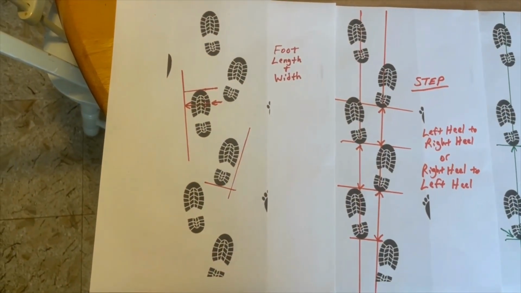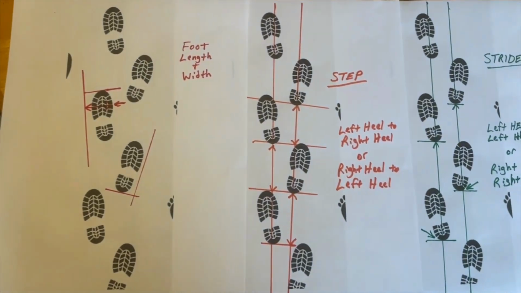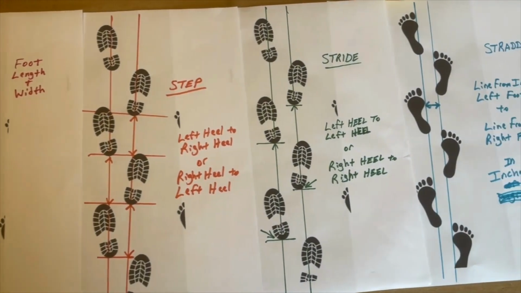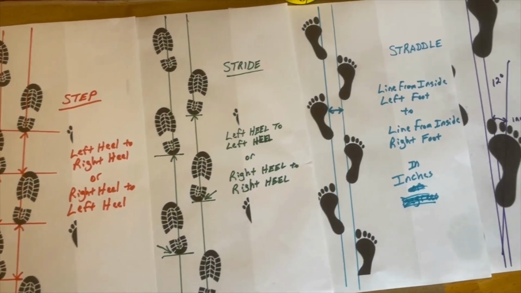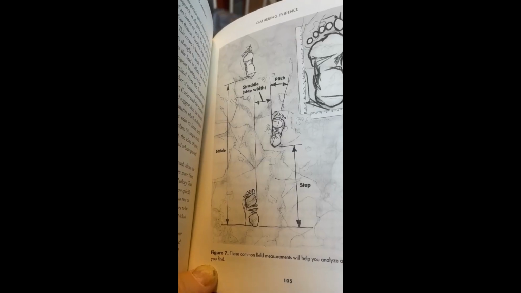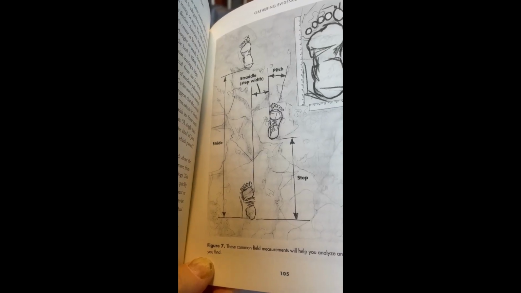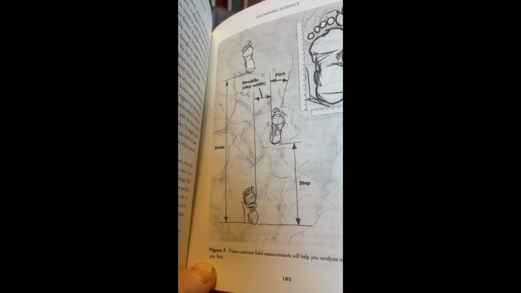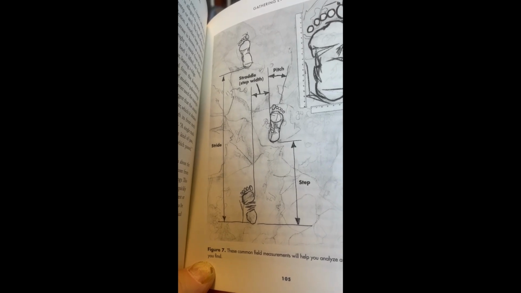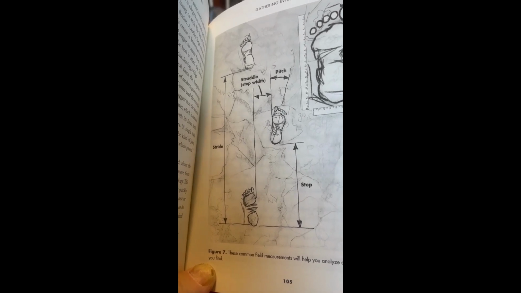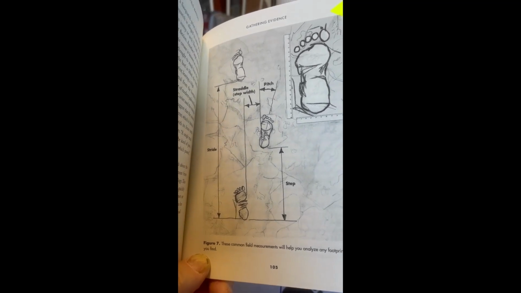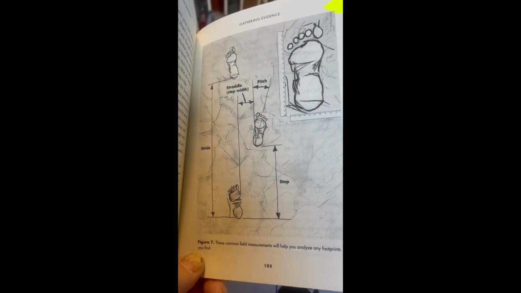So here's each one: the foot length and width, the step, the stride, the straddle, and so you can see here by this illustration, you can see the step, the stride, the straddle, the pitch, like I just illustrated, and the length and the width of the foot itself.